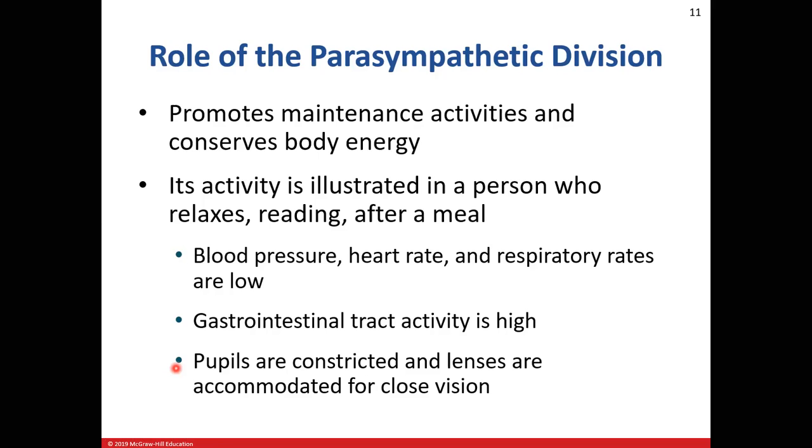And if we look at our pupils, the pupils are constricted and the lenses are accommodated for close vision. Because at this point, we're not so concerned with everything that's going on around us. We are in more of a conservation mode and body activity mode.